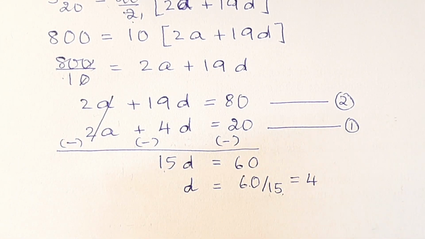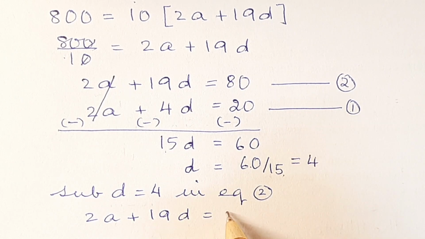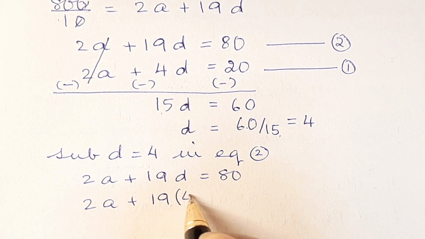to 4. Now we will substitute d equal to 4 in equation 2. Our equation 2, you can see here, it is 2a plus 19d is equal to 80. And so it will be 2a plus 19 into bracket 4.